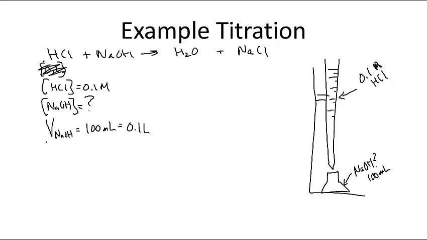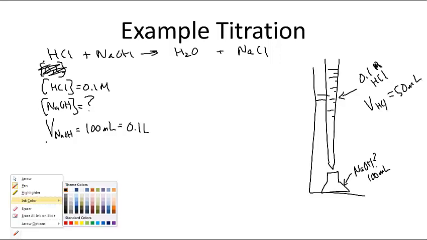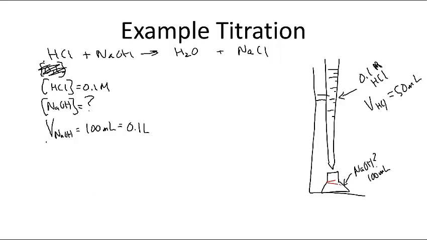When the volume of HCl that I've added equals, let's make it easy, 50 milliliters, all of a sudden my indicator flips, and I'm left with a colored solution. So I know that when my HCl volume equals 50 milliliters, my titration is done. So my volume of HCl equals 50 milliliters, which is 0.05 liters.